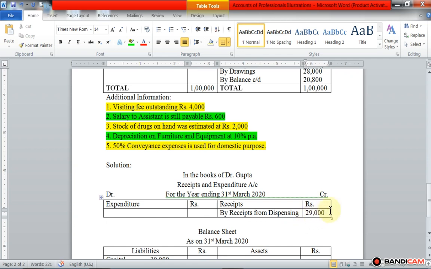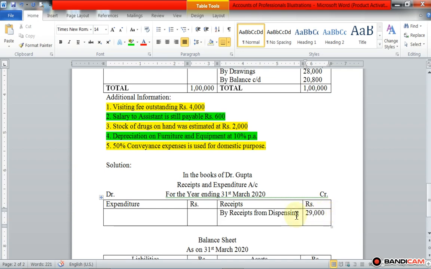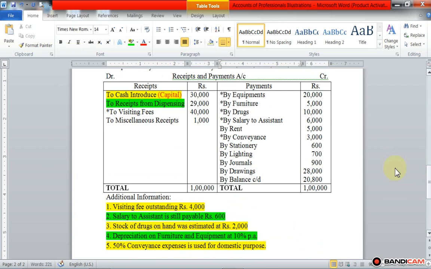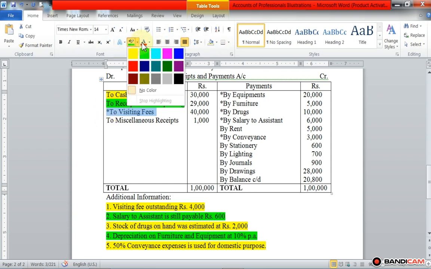We put the figure in the outer column because additional information is not provided. Then next visiting fee. Remember we made a star in front of visiting fee. It means additional information is provided on the visiting fee.